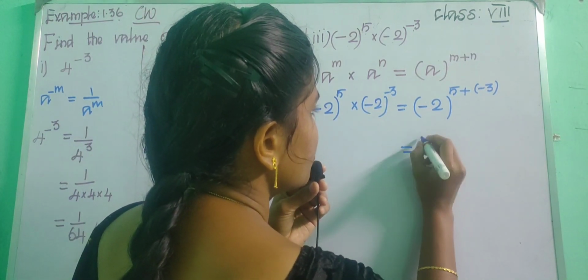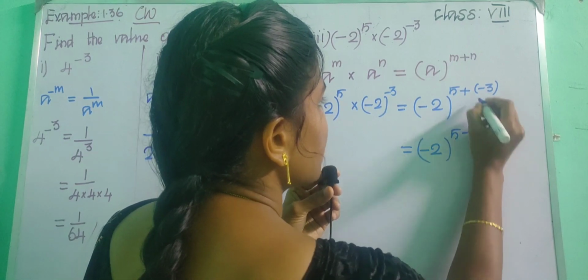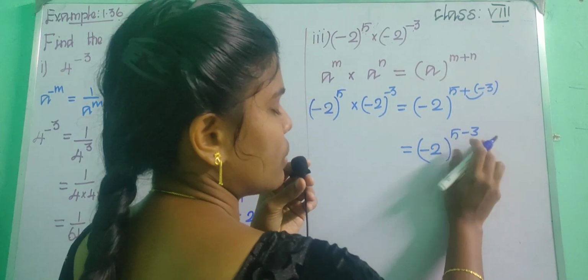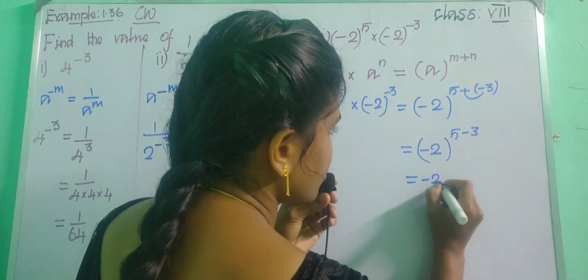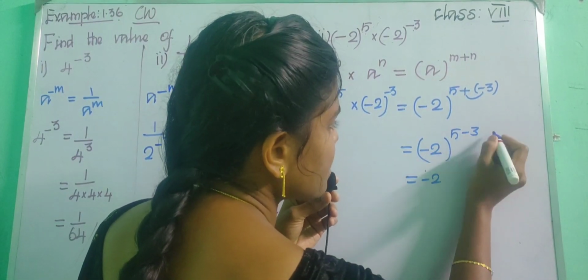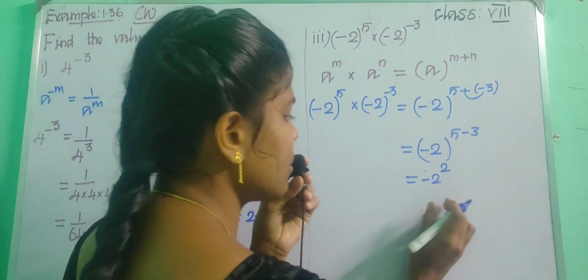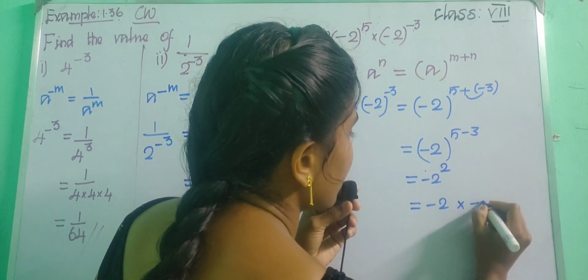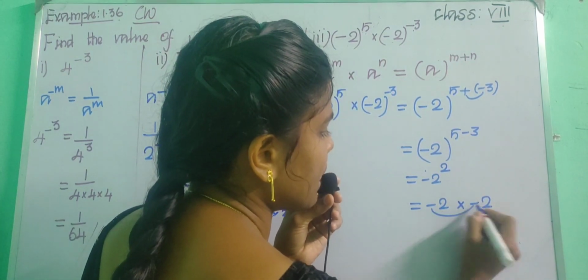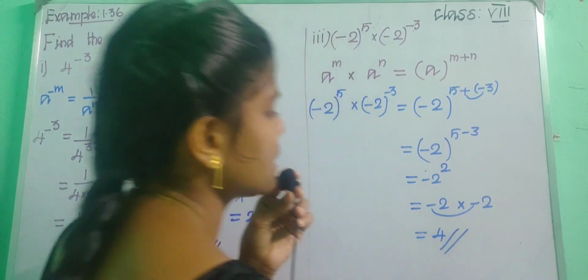Minus 2 power 2. If you multiply minus 2 into minus 2, minus into minus is plus, and 2 into 2 is 4. So the answer is 4.